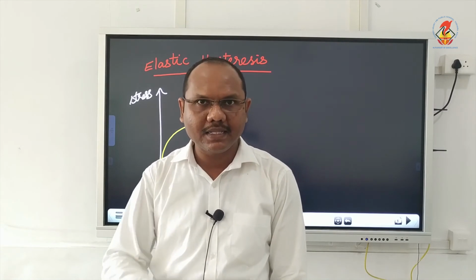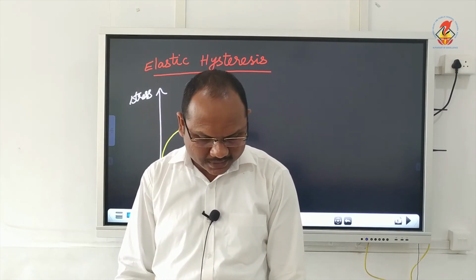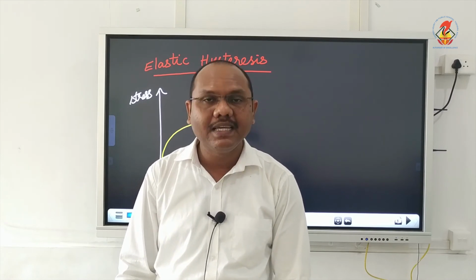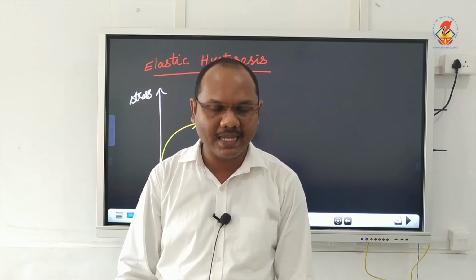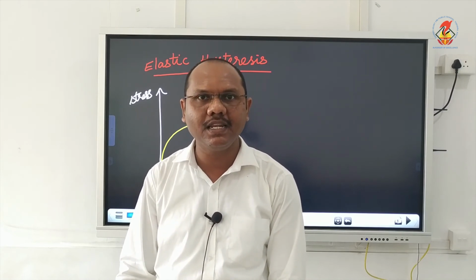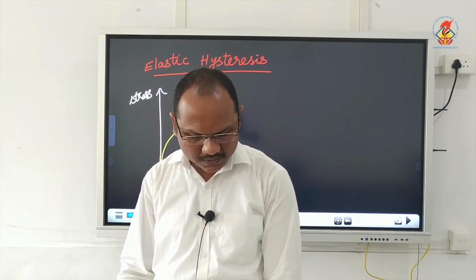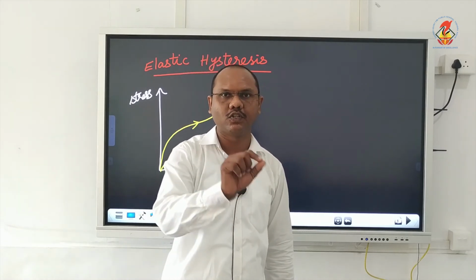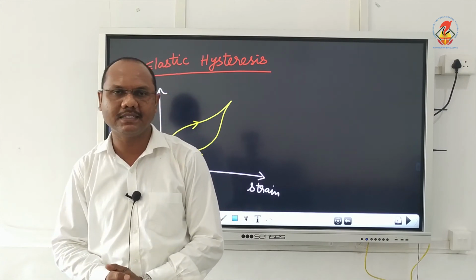So you can write like this: the fact that the stress strain curve is not retraced on reversing the strain is called elastic hysteresis. Write that statement under elastic hysteresis.